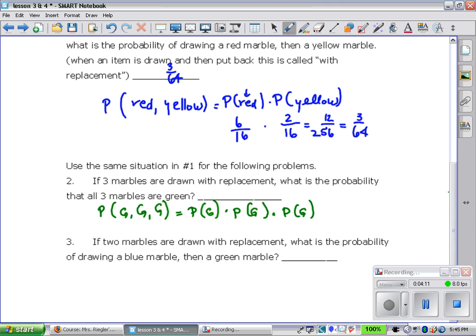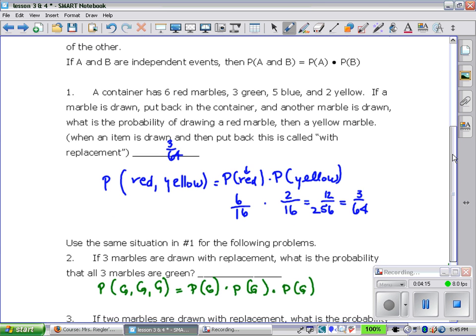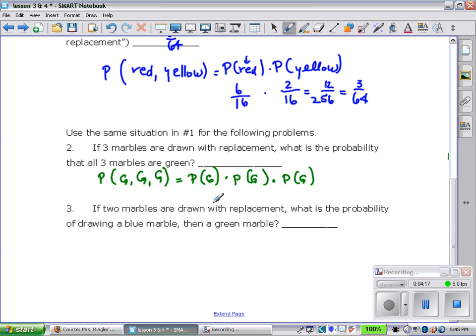So let's look back here because I've already forgotten how many green marbles there are. There are 3. So again, how many marbles are there total? 16. Out of those, there are 3 green. Now the next draw, remember you put back that green marble. So there are still 3 green marbles to choose from, and 16 marbles total.